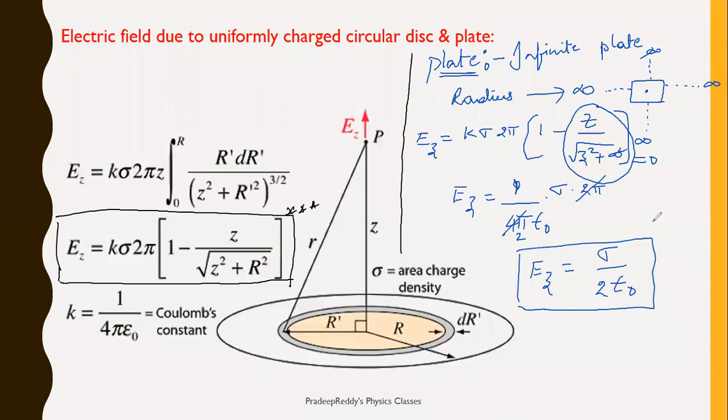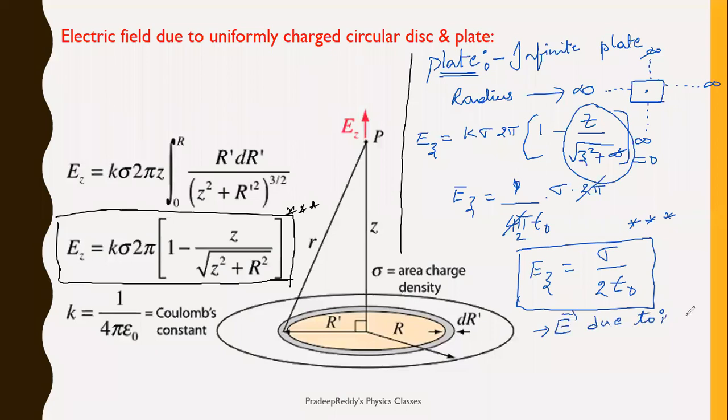This is the final conclusion, which is the equation for the electric field due to an infinitely extended plate. And sigma is nothing but charge by area. You need to substitute the charge by the area of that particular plate over here so that you will be getting the electric field.